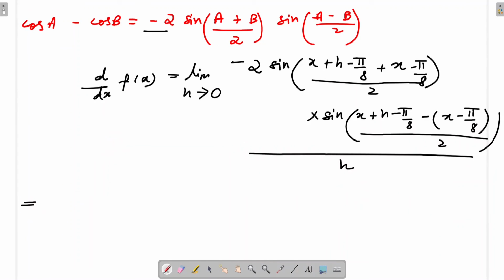So what we will get, d by dx of f(x) will be equal to limit h tends to 0.